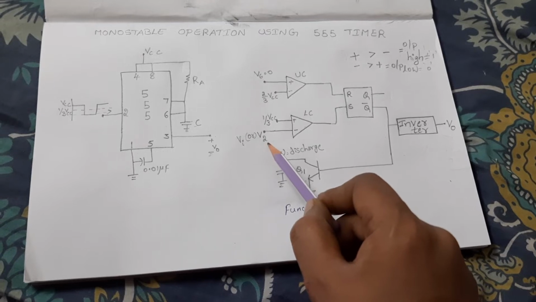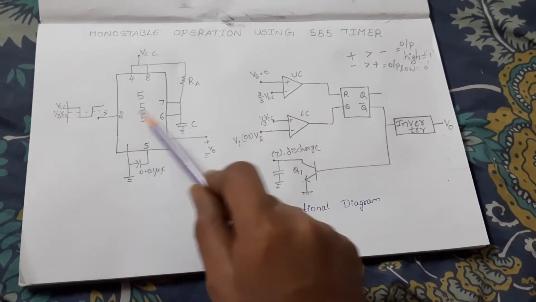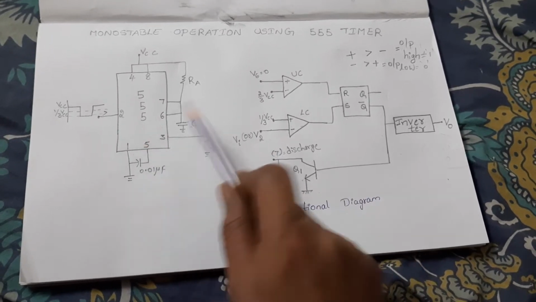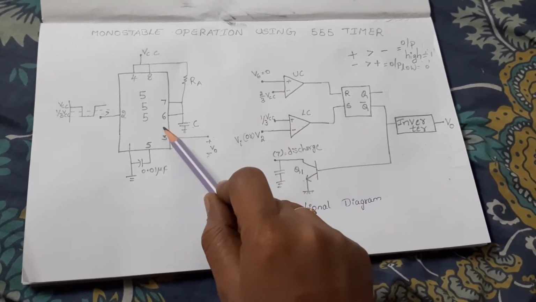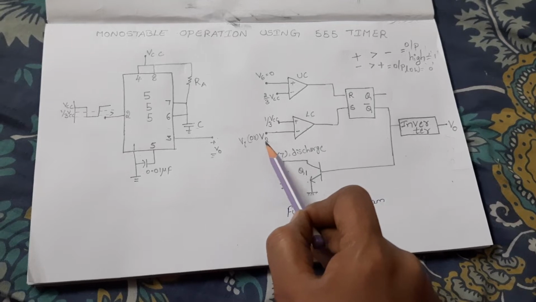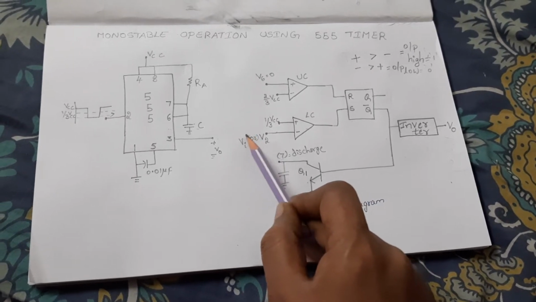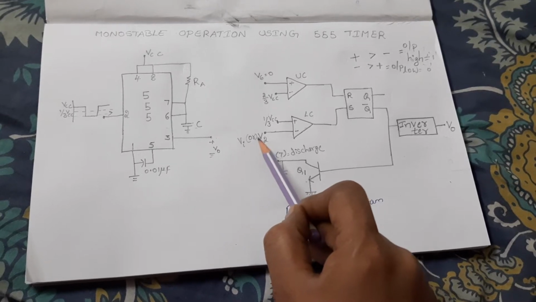V2 means the second pin, 2 for second pin, 6 for sixth pin. V2, the second pin, is the external input Vi. This is the triggering input we are going to give here.